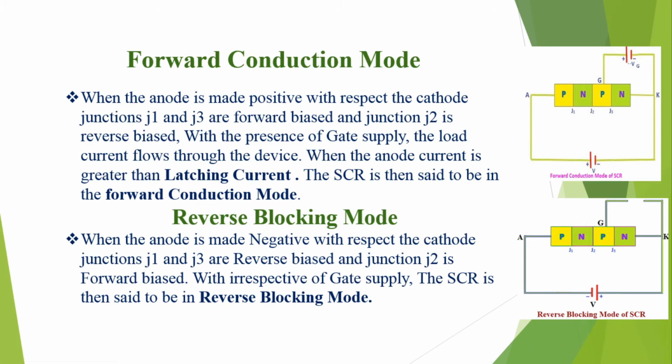Now, if the gate supply is applied, it won't vanish the depletion region in J1 and J3. Hence, irrespective of gate supply, SCR is said to be in reverse blocking mode. Like a reverse biased PN junction diode, here also there is a possibility of reverse breakdown. Circuit diagram is shown here.